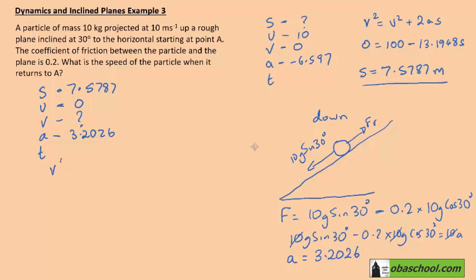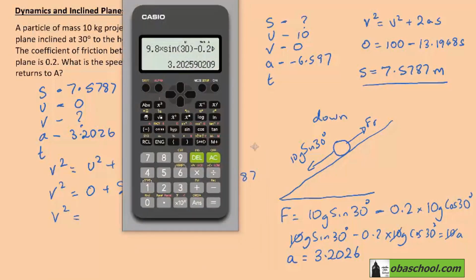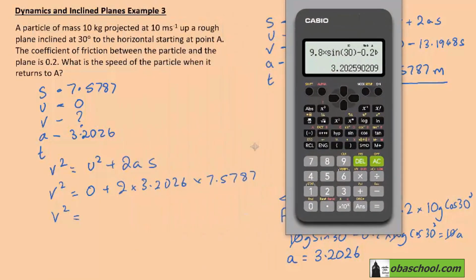So v squared equals u squared plus 2as. So v squared is going to be 0 plus 2 times 3.2026 times 7.5787. So just need to calculate that. We have 2 times 3.2026 times 7.5787.